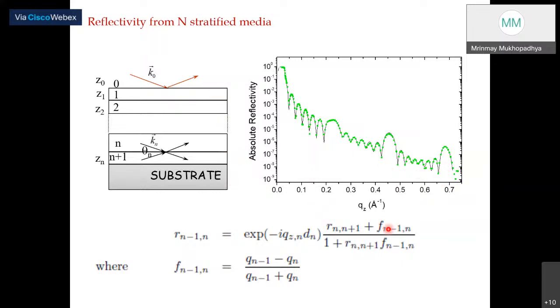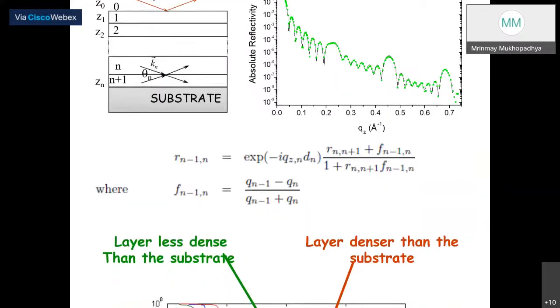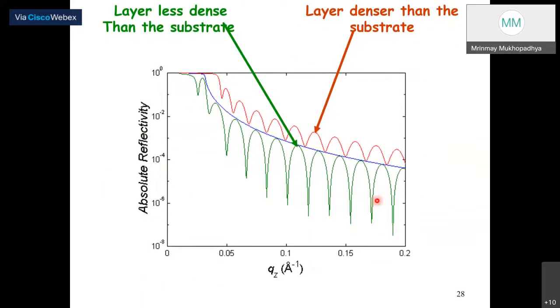For doing this analysis, you need to go through all these calculations, which is a little beyond the scope of this lecture, because it needs an elaborate lecture series and calculation. Here the important thing is the layer less dense than the substrate, and the layer denser than the substrate.